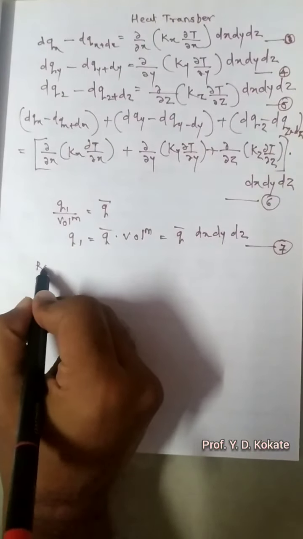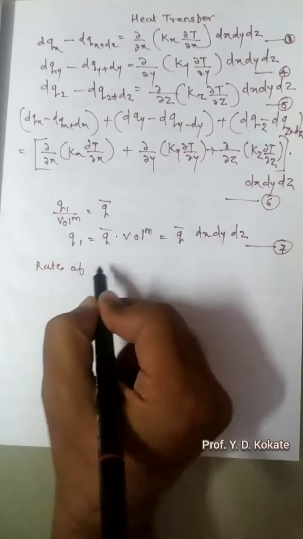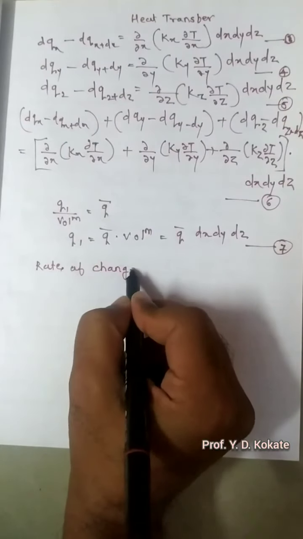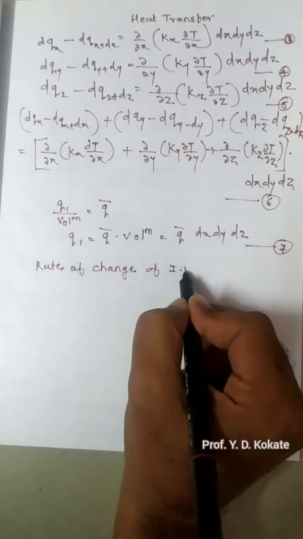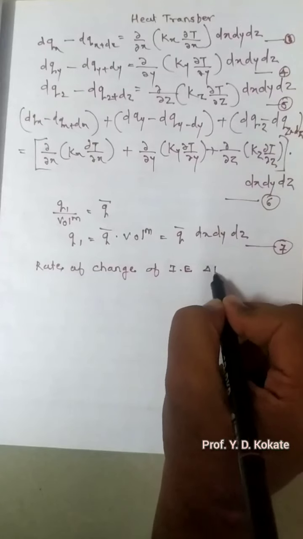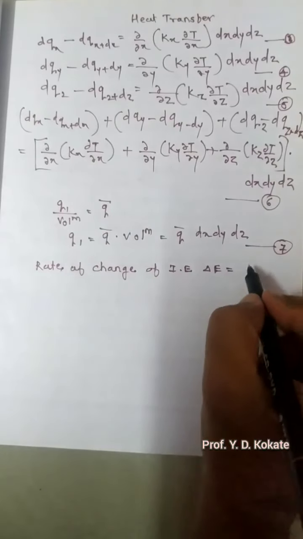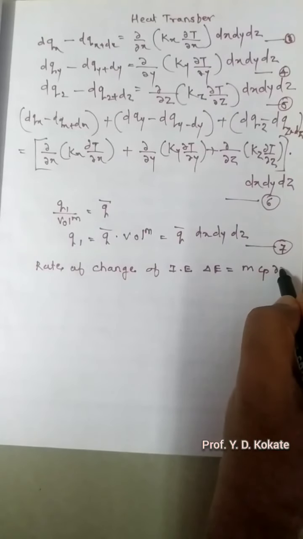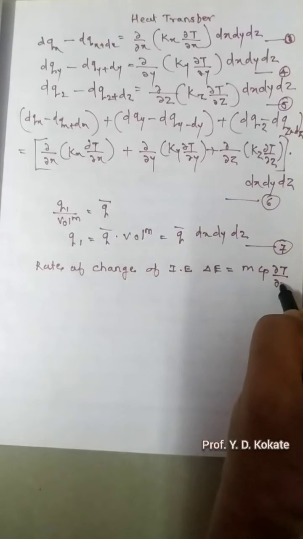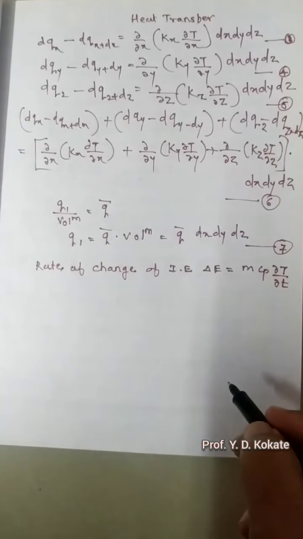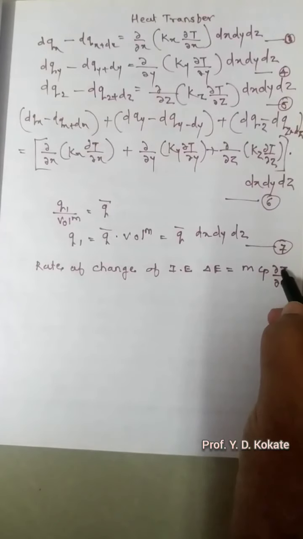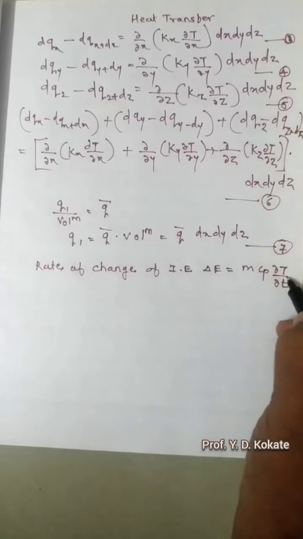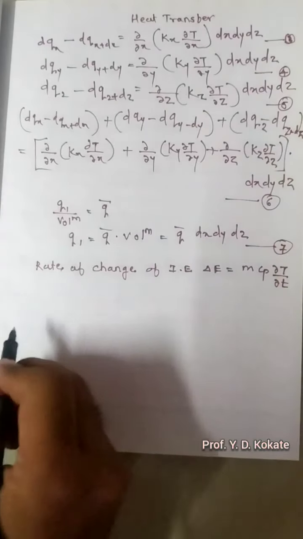So the rate of change of internal energy, delta E, is equal to m Cp, and this rate of change we have to calculate with respect to time. So it becomes m Cp dT/dt, where T is temperature and t is time.